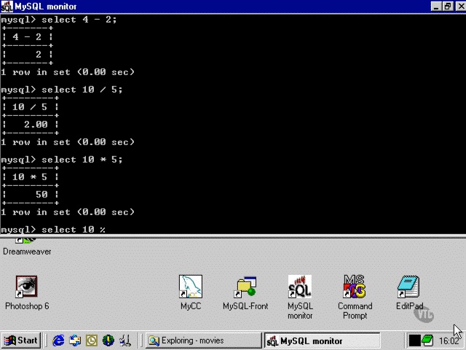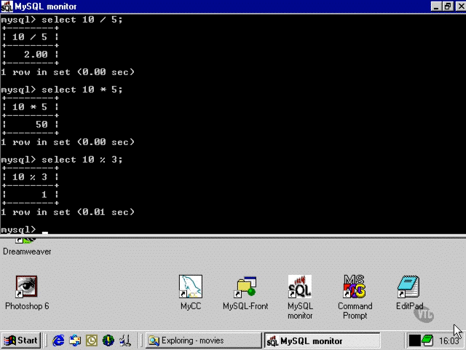Now, for that we use the percent sign, but modulo does quite a different thing. It attempts to make an integer division, and it returns the remainder. So 10 doesn't go exactly, for instance, into 3, so whatever's left over is passed back as the answer to that particular statement.